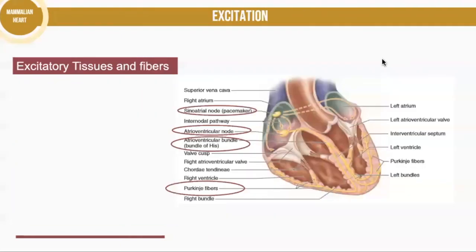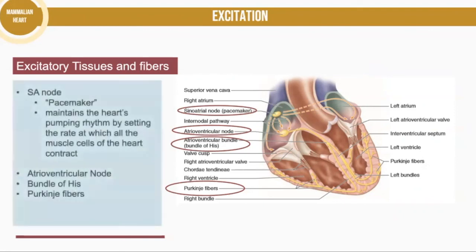Okay, so for the cardiac cycle to occur, of course, you need to cause the heart to contract, and that is through excitation of specialized and modified cardiac muscle fibers. In the myocardium, we have specialized and modified cardiac muscle fibers that generate and propagate electrical signals to stimulate rhythmic contractions.